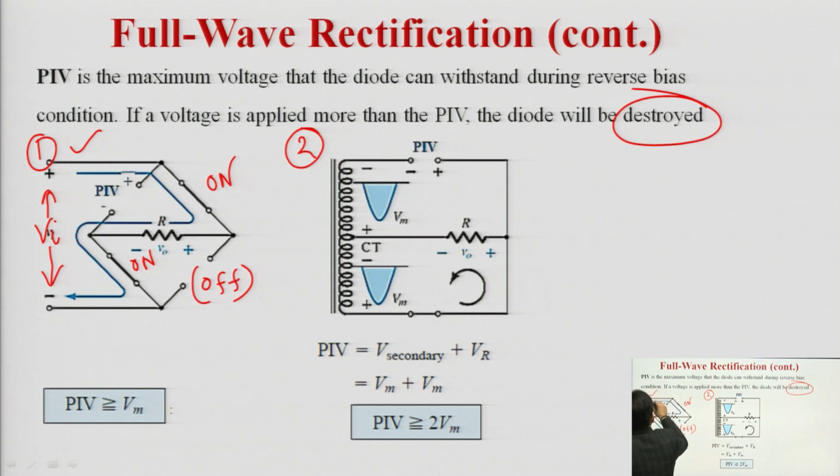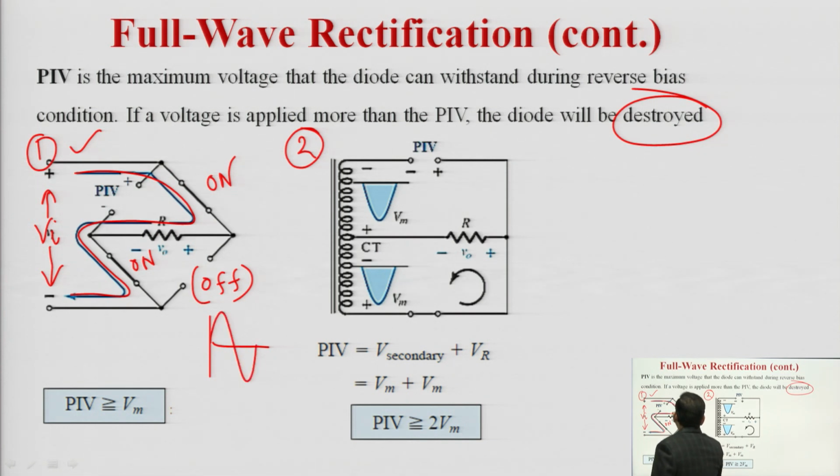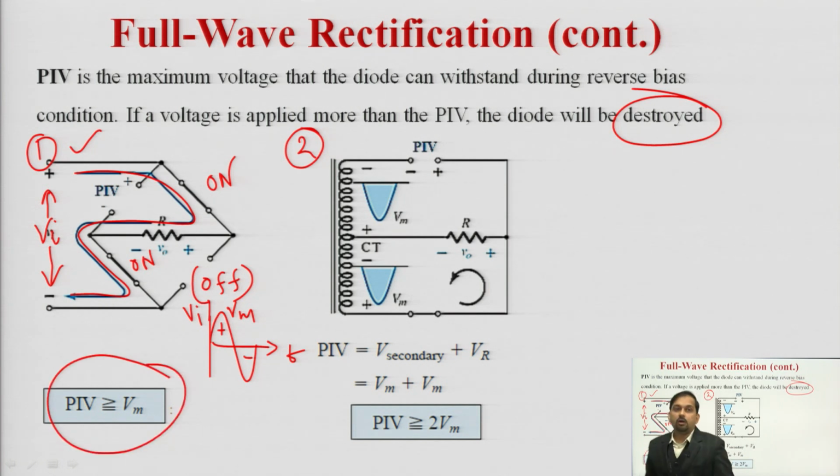So PIV can be calculated in this manner. If we apply KVL in this loop, PIV equals Vi, and during the positive half cycle Vi is equal to Vm. So PIV must be greater than or equal to Vm. This is the PIV rating for the bridge rectifier.